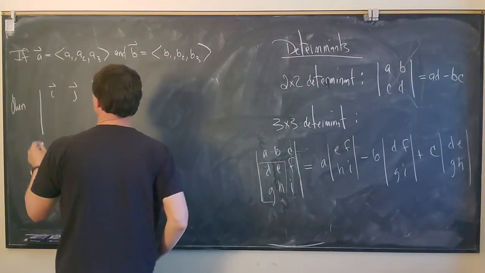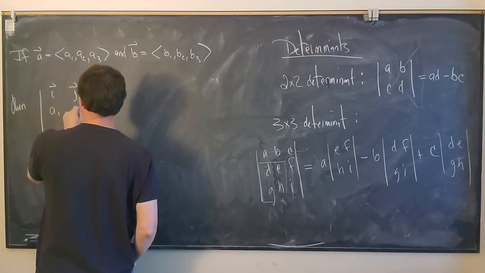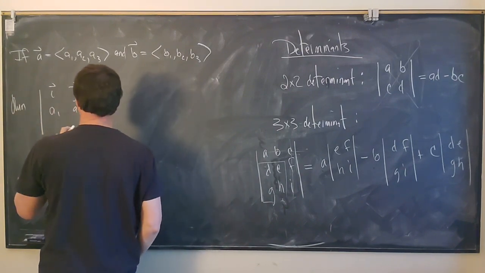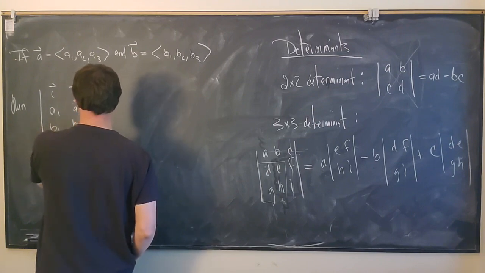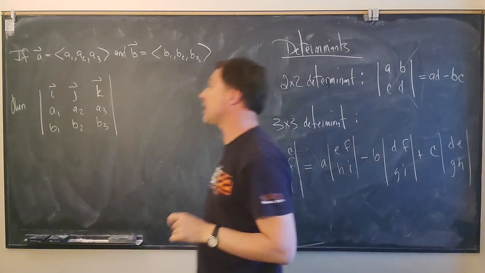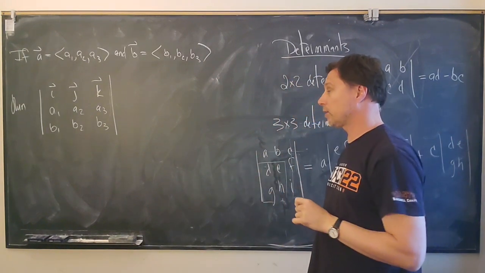In the second row, I'm going to put A1, A2, A3. And in the third row, I'm going to put B1, B2, B3. And now what I'd like to do is take the determinant of this one right here.